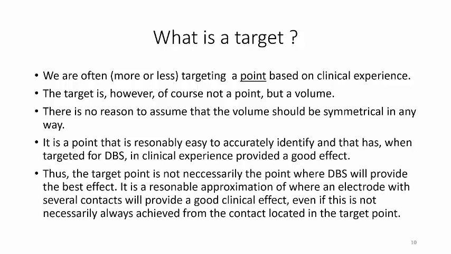Thus, the target point is not necessarily the point where DBS will provide the best effect. It is a reasonable approximation where an electrode with several contacts will provide a good clinical effect, even if this is not necessarily always achieved from the contact located in the target point.